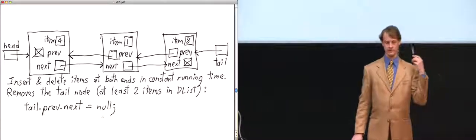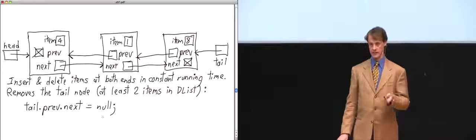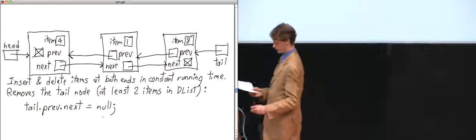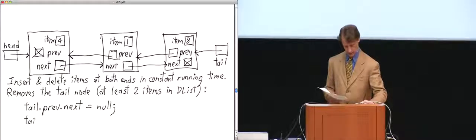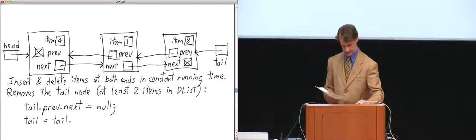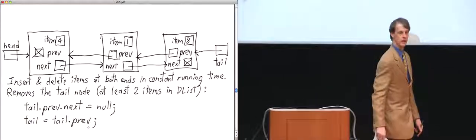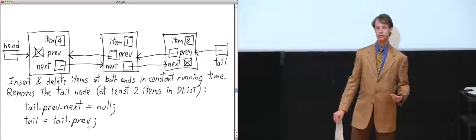So we find the second last item in the list, and we set its next pointer to null because it's the new tail. And second, now I'm going to change the tail pointer to point at the second last item in the list. So those 2 lines of code remove the tail node.